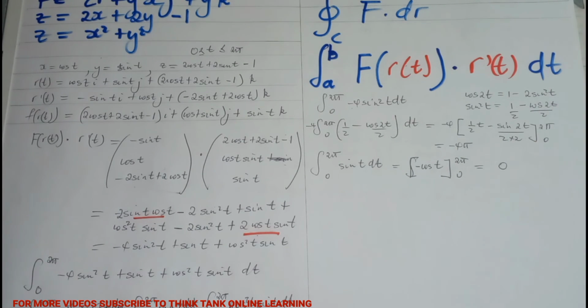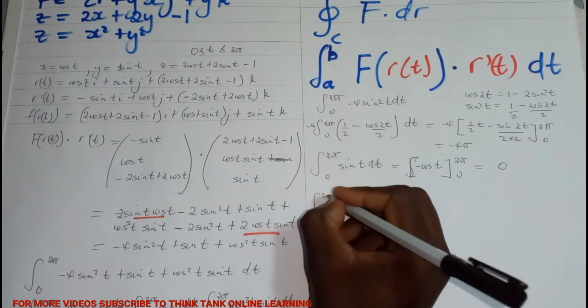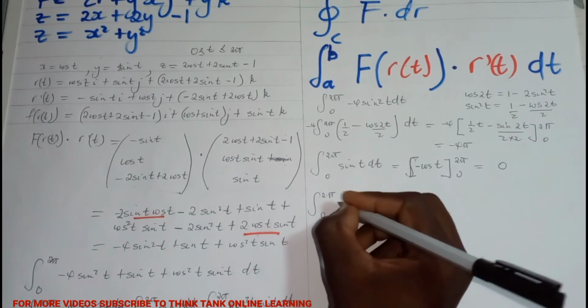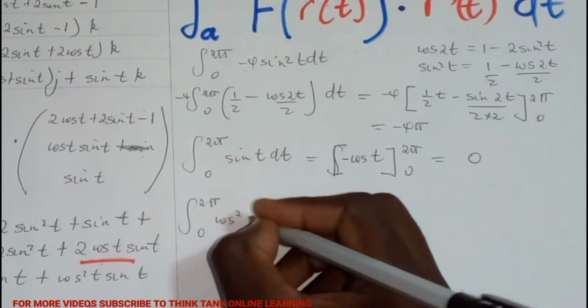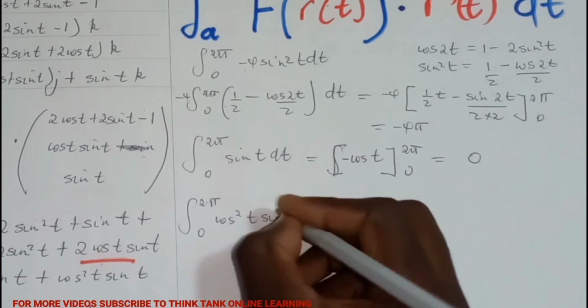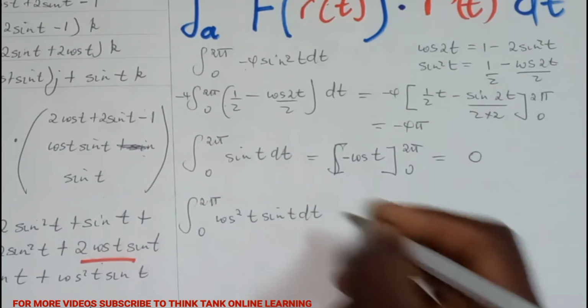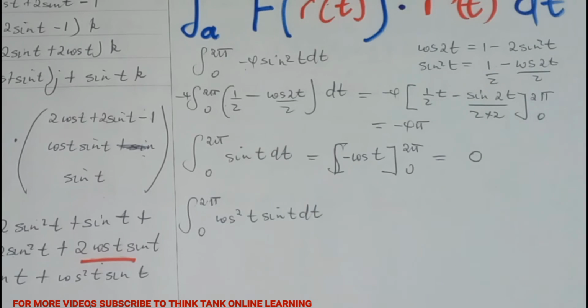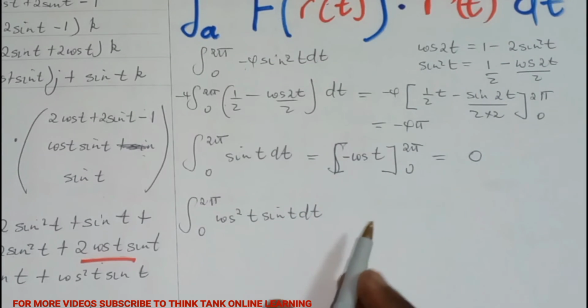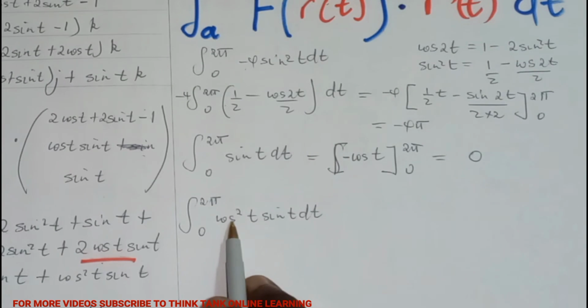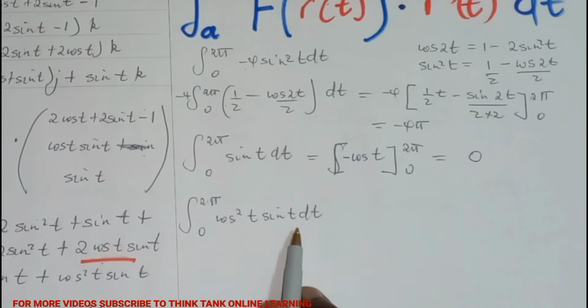And now we go to the integral from 0 to 2 pi of cos squared t sine t. If you have a problem like this, there's no need to use integration by parts, which takes a long time. You can just think of substitution. We have cos squared t and sine t.